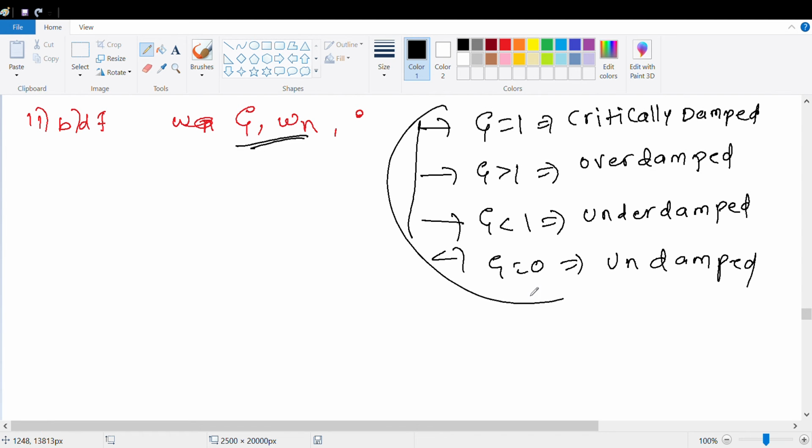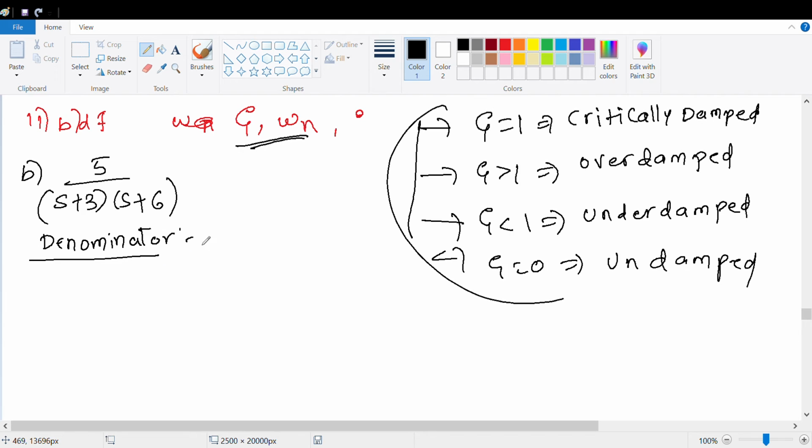Okay, now same questions, I think B. So B means 6b: 5 / ((s + 3)(s + 6)). So now take the denominator: (s + 3)(s + 6) equals 0.